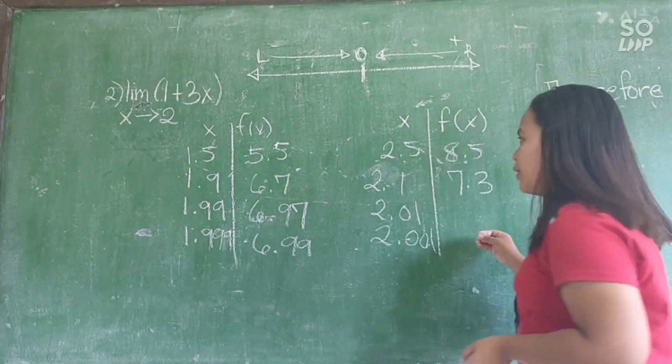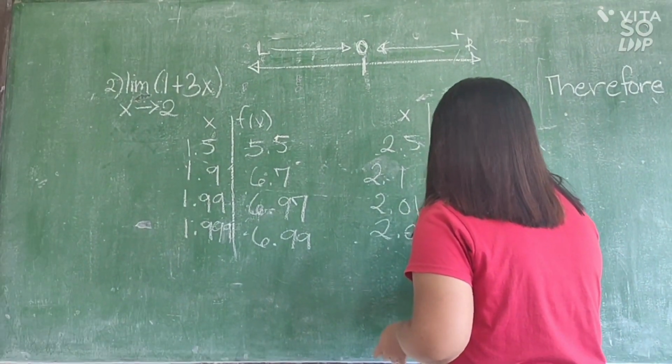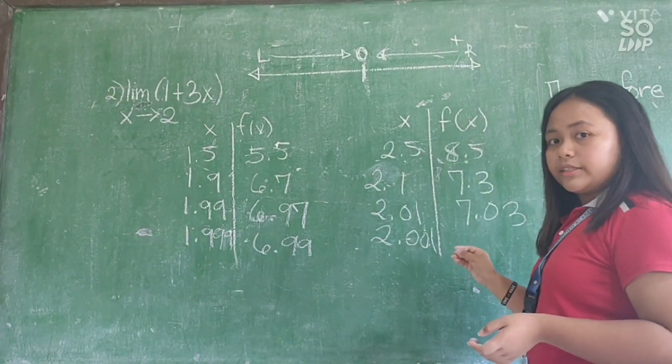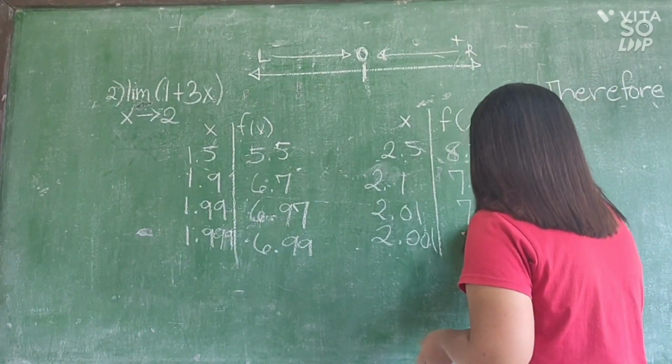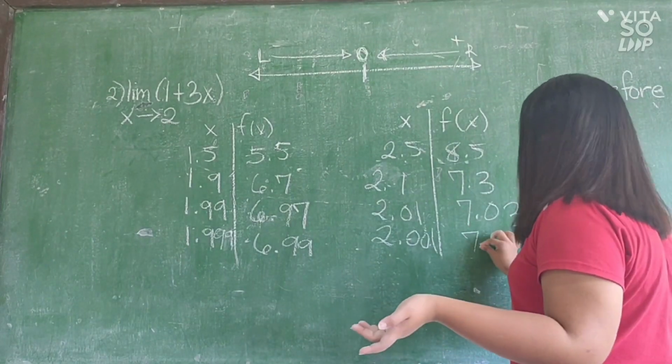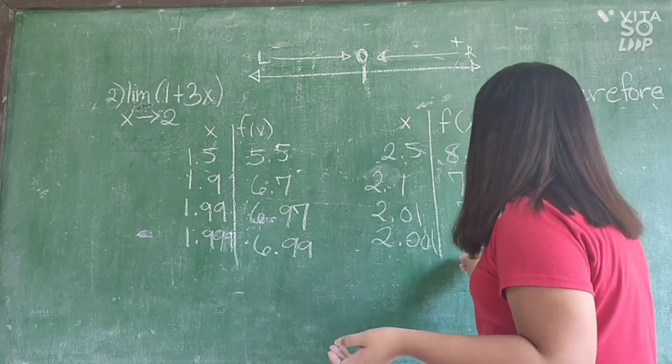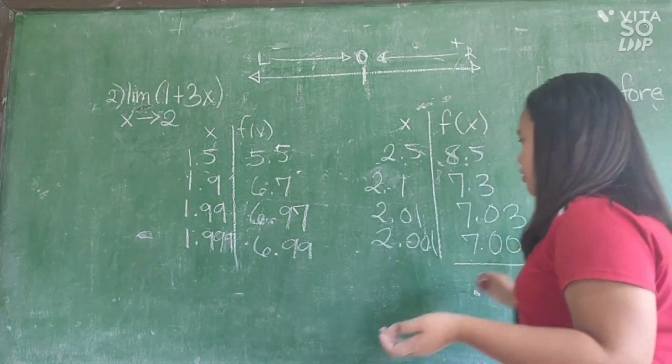And next is 7.03. And our next is 7.002. Pero 2 decimal points ang piliin. So this is our answers.